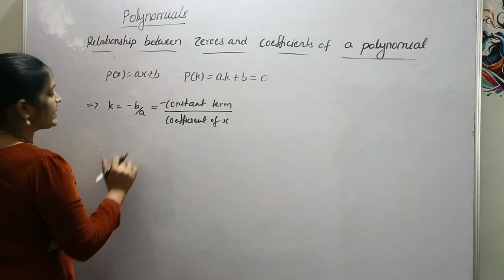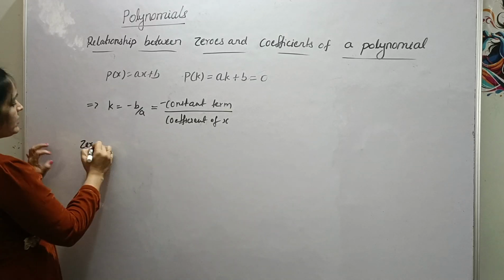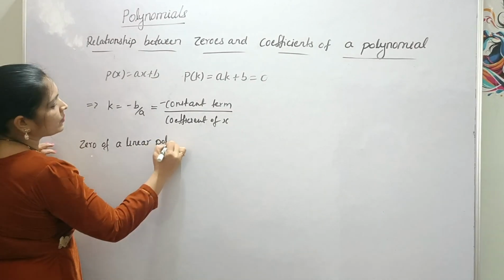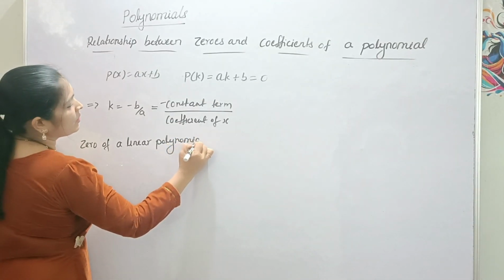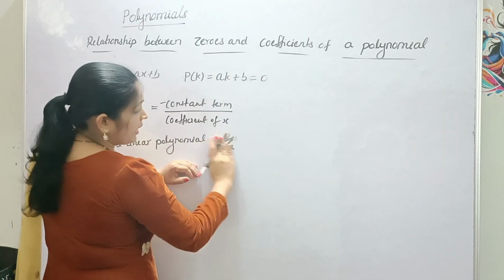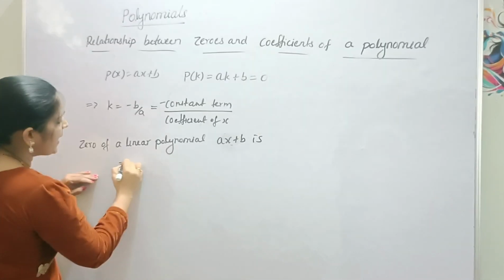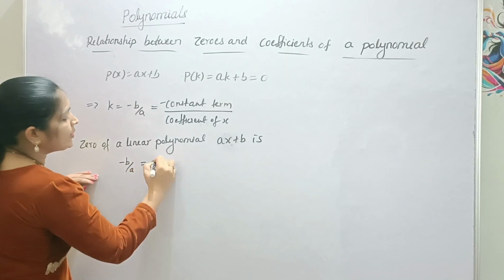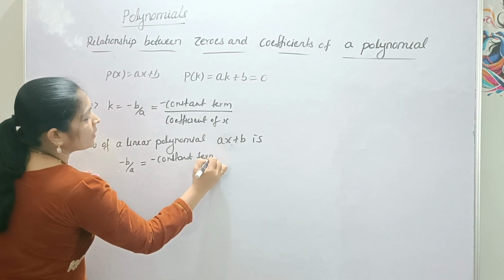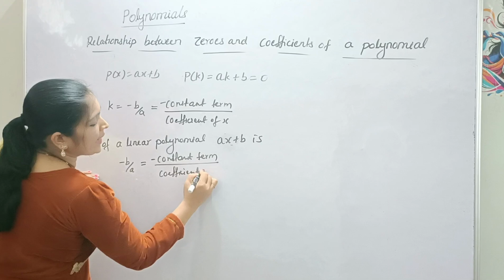Okay. So that is, it is the 0 of this polynomial, right? 0 of a linear polynomial, what is the 0? Minus b by a. The linear polynomial ax plus b, 0 is minus b by a, that is equal to minus constant term divided by coefficient of x.